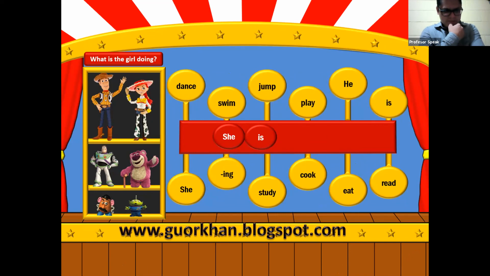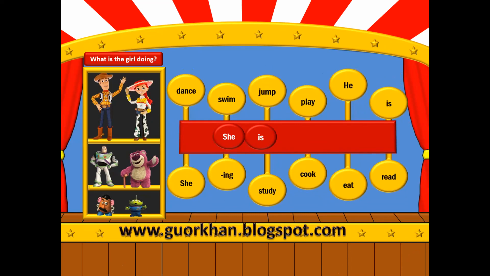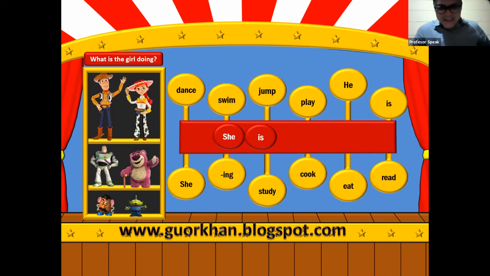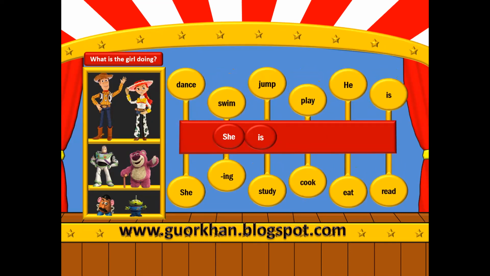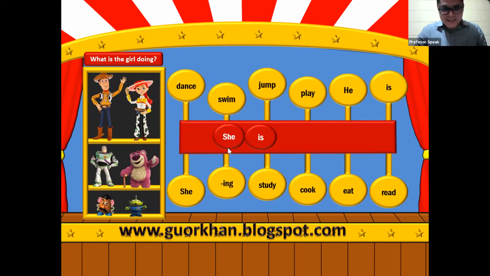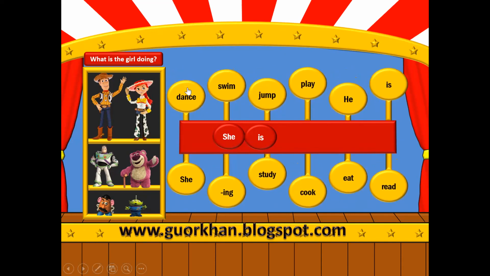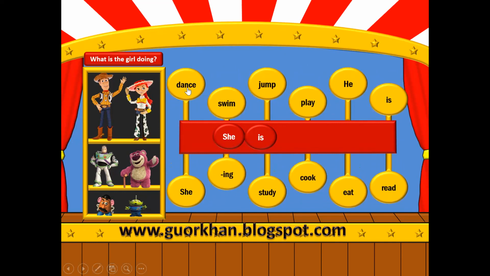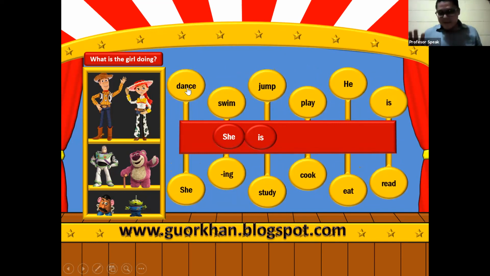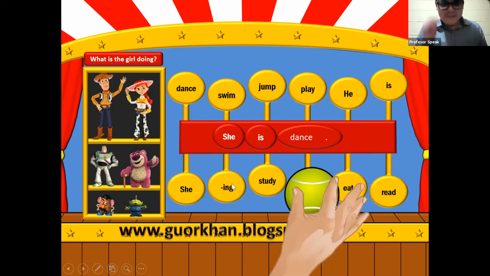Did you pay attention to the picture? Yes, I think she's dancing. Or jumping. Well, I don't know. What did you say? I only remember that she had her hand up. Okay, all right. But you say dance. Okay, all right.